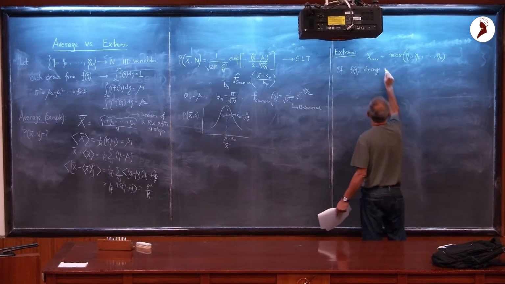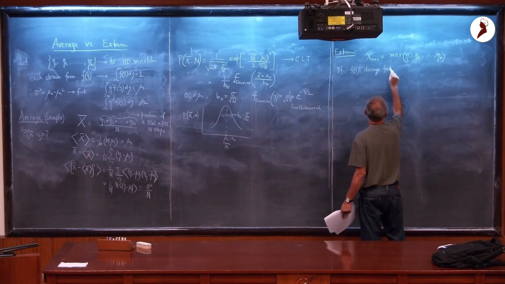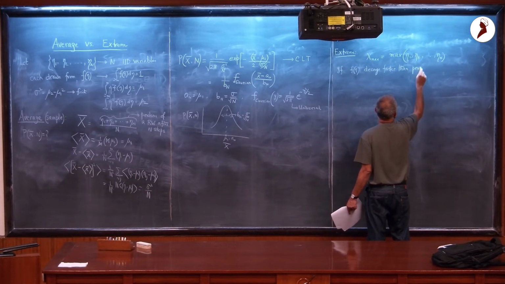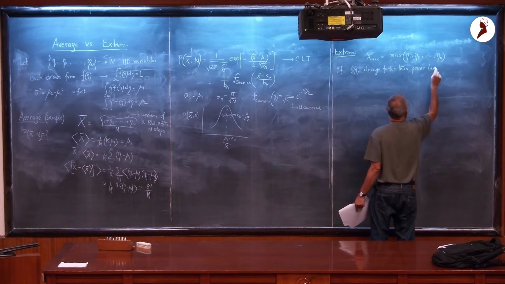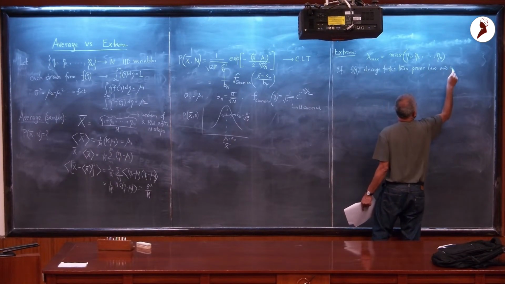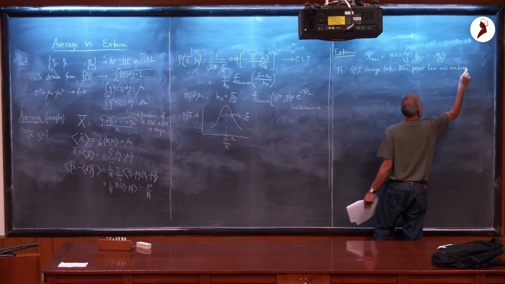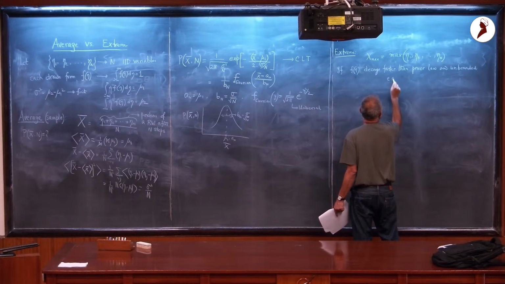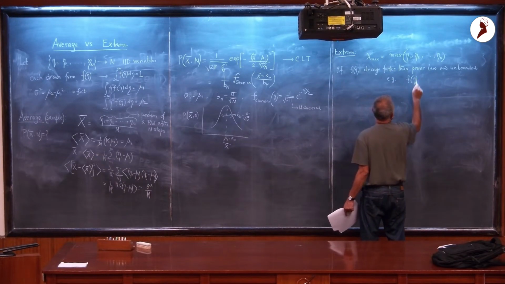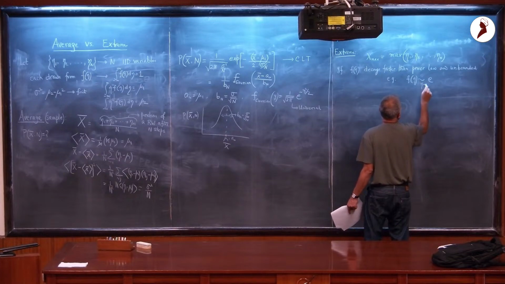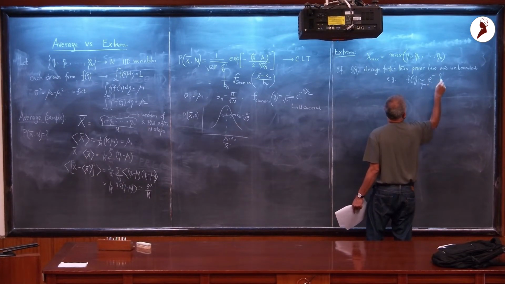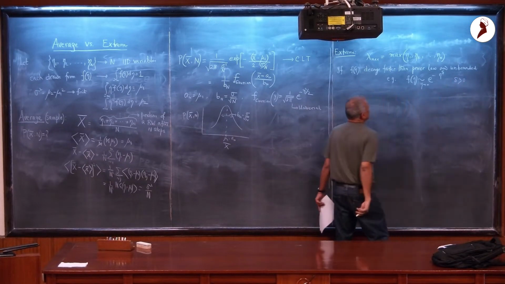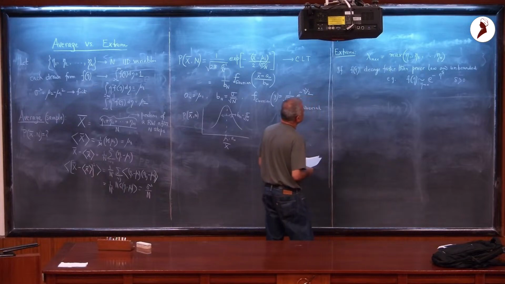So if f of eta decays faster than a power law and is unbounded, for example, f of eta could, for large eta, decay like exp of minus eta to the power delta, where delta is positive. For example, it could be Gaussian, it could be exponential, etc. Okay?